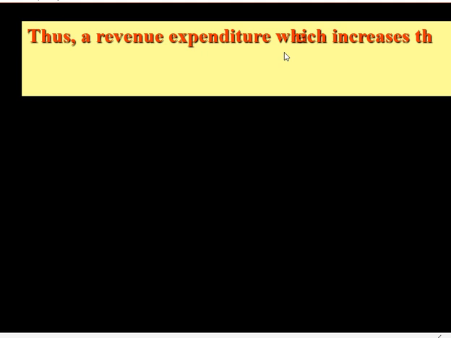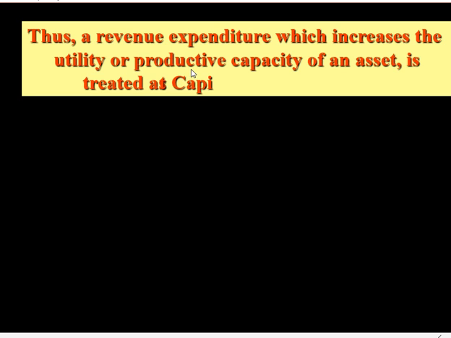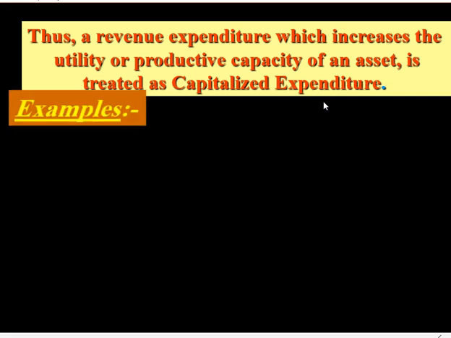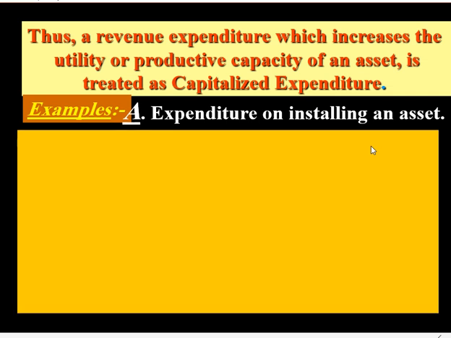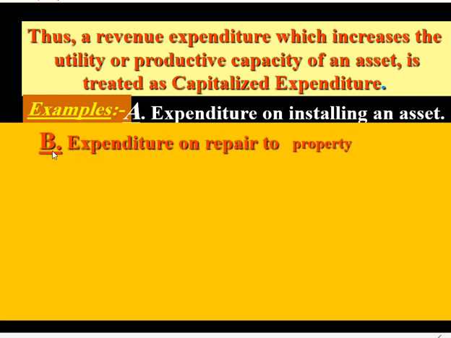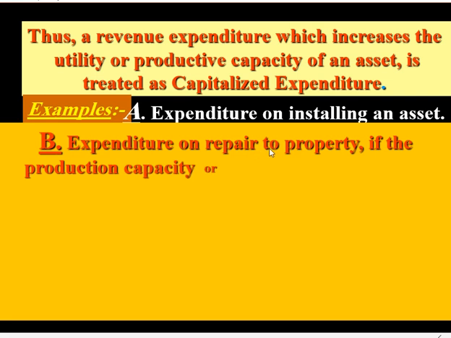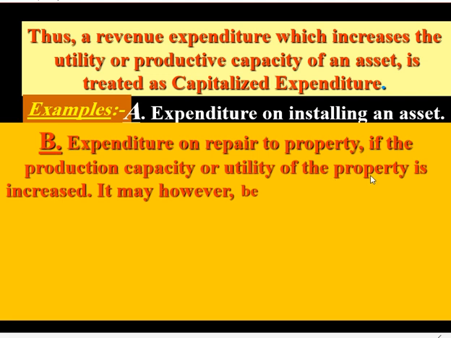Thus, a revenue expenditure which increases the utility or productivity capacity of an asset is treated as capitalized expenditure. Example: A. Expenditures on installation of an asset. B. Expenditures on repair to property, if the production capacity or utility of the property is increased.